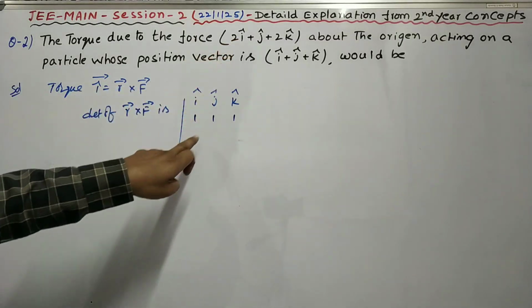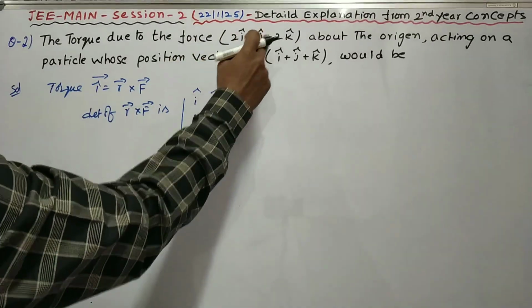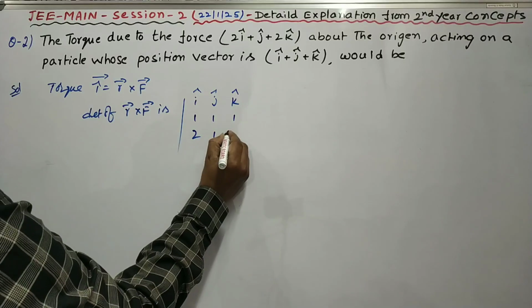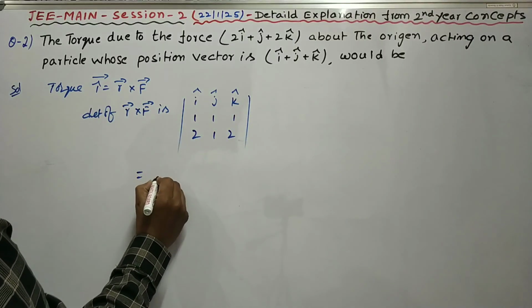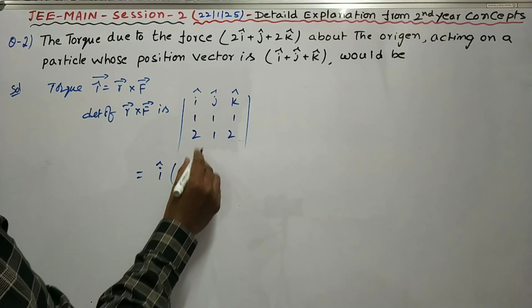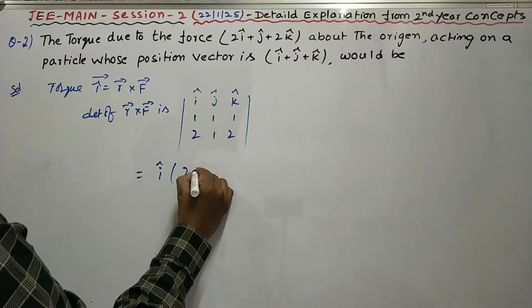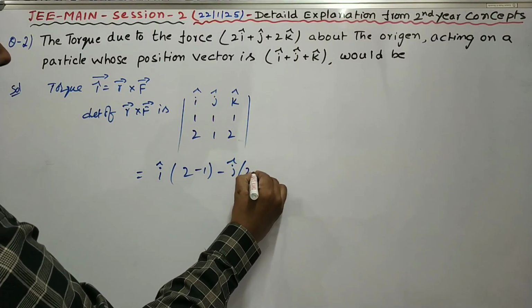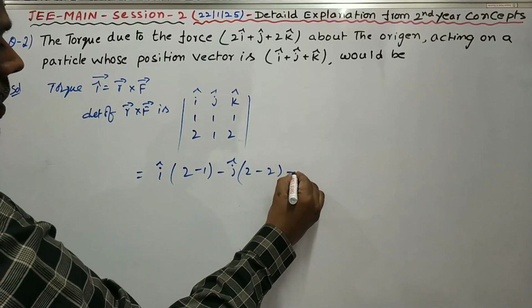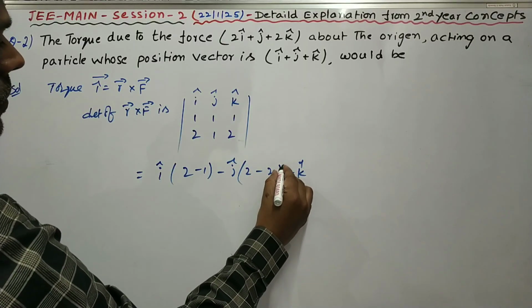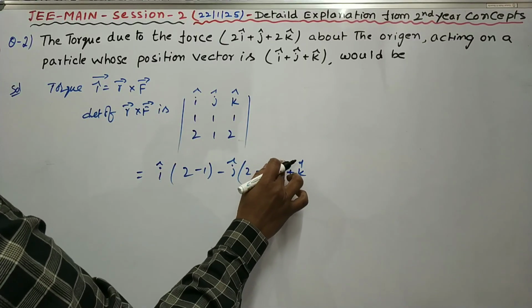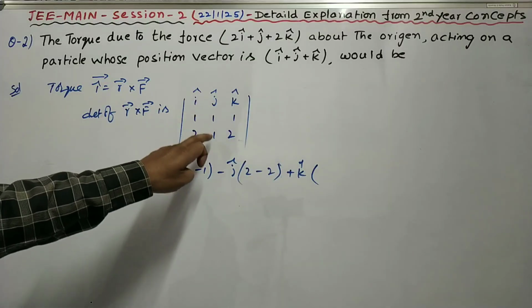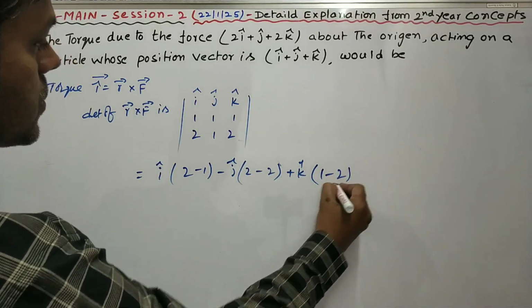Similarly, the F vector's I J K components are 2 1 2. Which is equal to I cap into (1 times 2 minus 1 times 1), minus J cap into (1 times 2 minus 2 times 1), plus K cap into (1 times 1 minus 2 times 1).